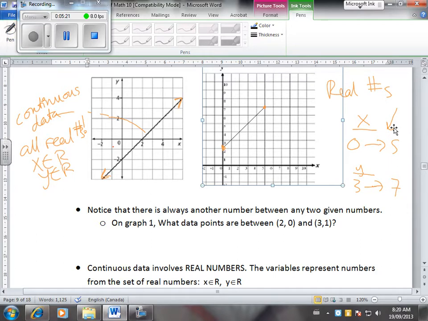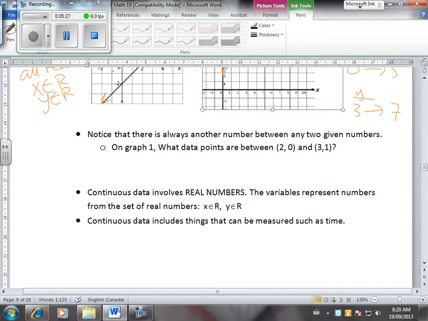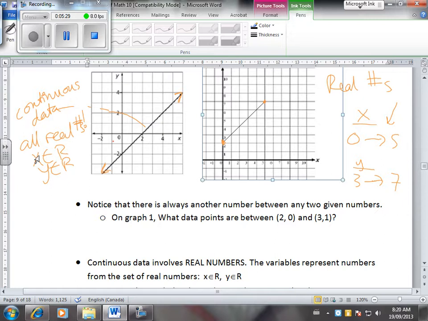So notice that there is always another number between any two given numbers. So if we look at graph 1 and we plot 2, 0 and 3, 1. See how there's this line in between? That means that every single value in between on that line counts. Okay, so it's not just whole numbers that we're looking for, it's everything in between.